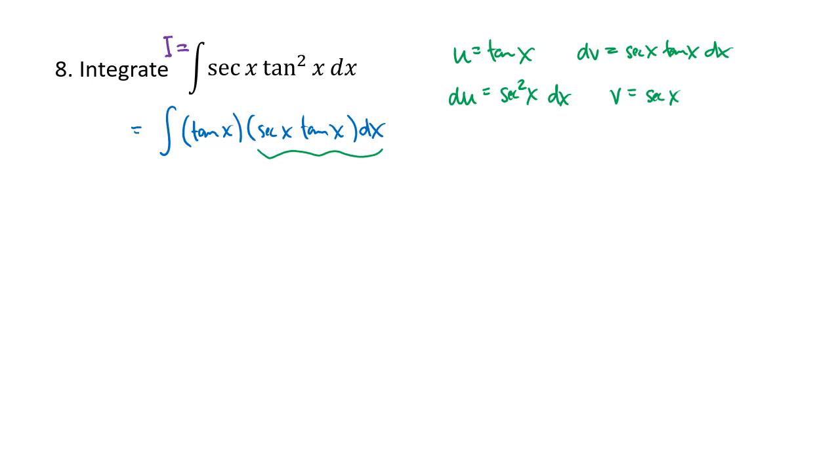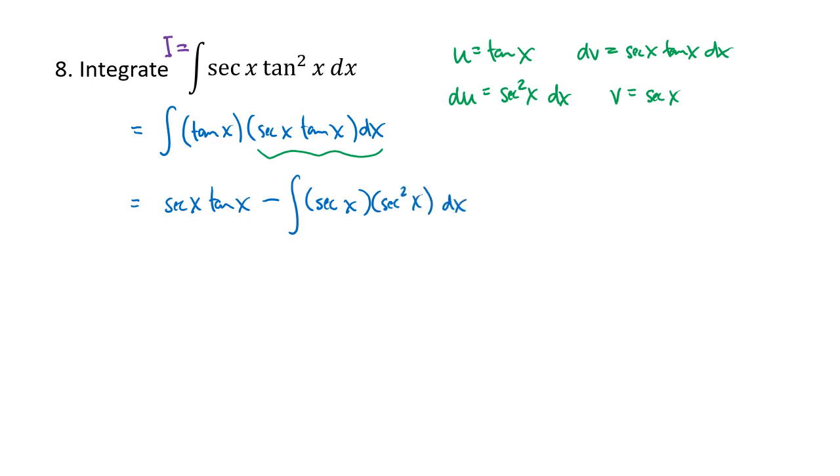So when I use integration by parts, I end up with uv, so that's secant x tangent of x, minus the integral of v du, so that's going to be secant of x times secant squared of x, which I'm just going to leave factored like that because we're going to split them apart in a second anyway.